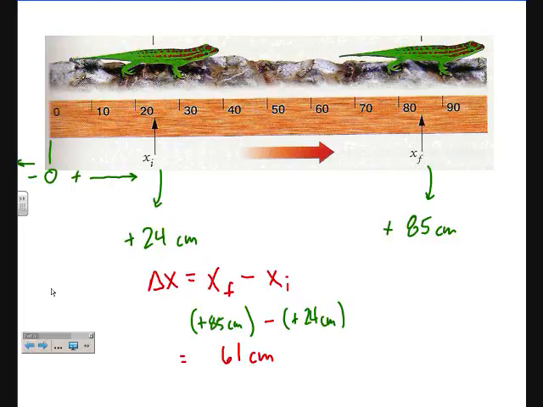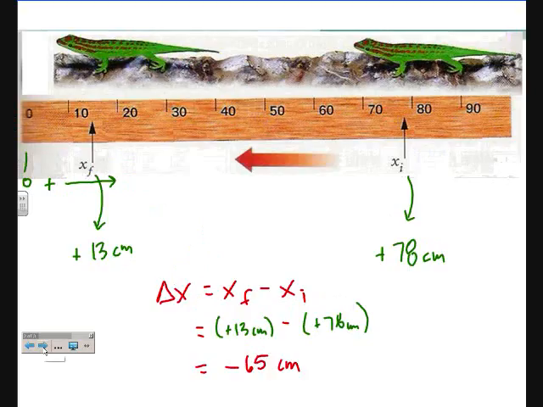If we say the gecko has a negative displacement, that just says the gecko is moving in the negative direction, the opposite direction, or whichever way we establish negative in our frame of reference.